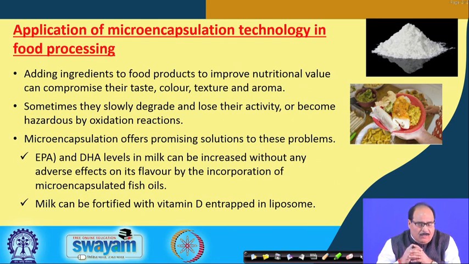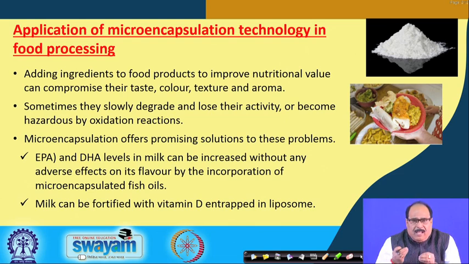For example, you know that EPA or DHA, the omega fatty acids, are found in fish oil, while milk has more saturated fats. So, the EPA or DHA content of the milk fat can be increased by adding fish oil into milk.